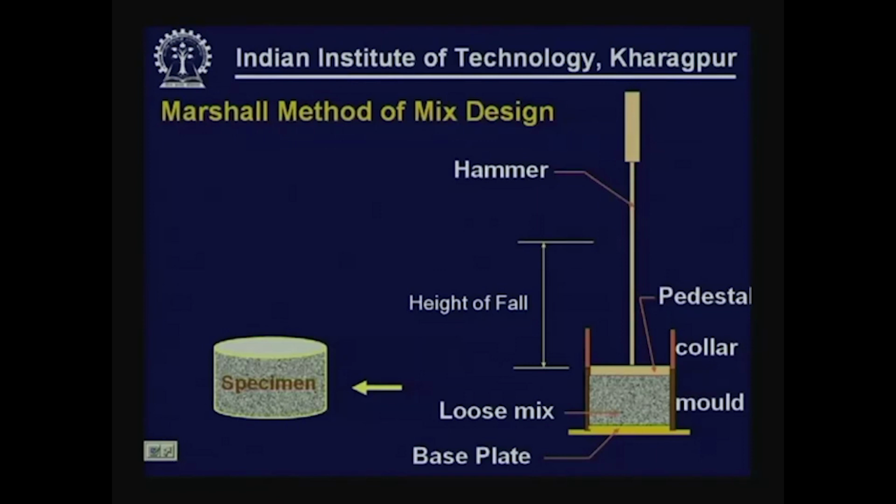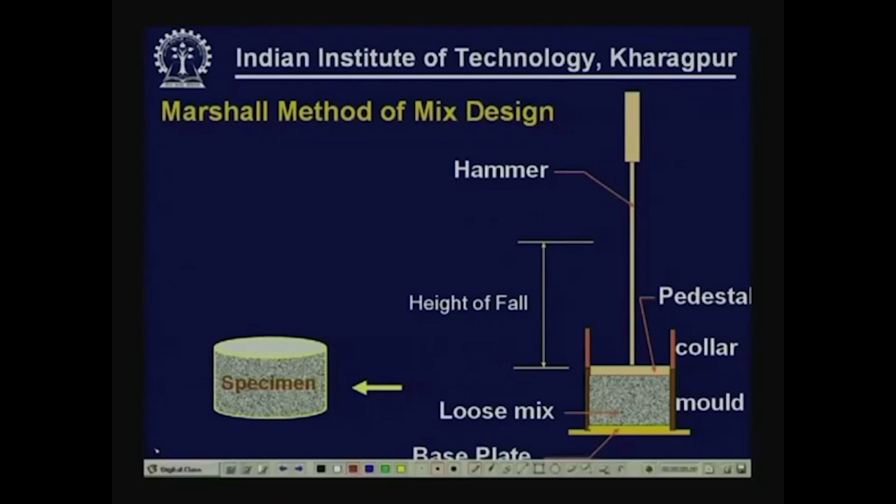On the left hand side, you see typically a sketch of the specimen that we are trying to prepare, and this is the mold that we are using, and this is the loose mix that we have placed here, and this is the pedestal of the hammer, and this is the mass that is going to fall from a specified height. Hammer is not seen here.